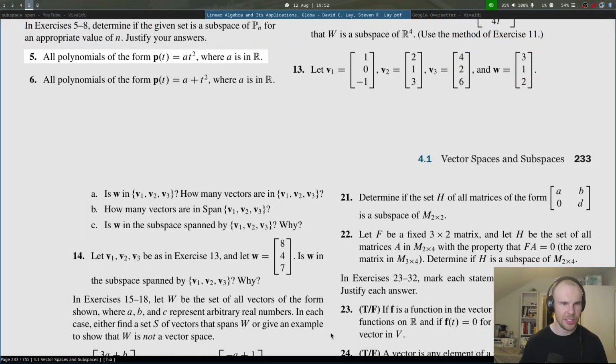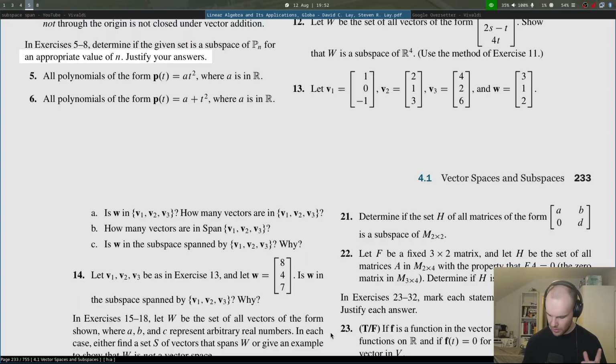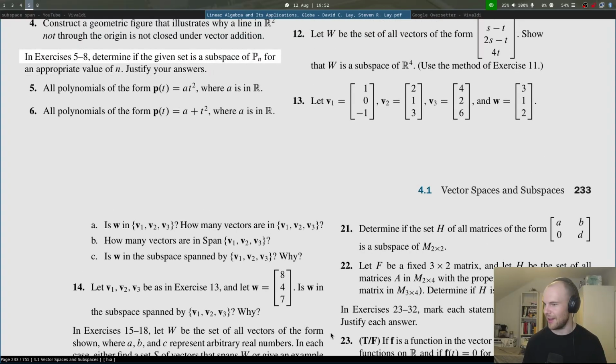Okay, task 5. All polynomials of the form p of t, and of course I have been messing around. Okay, chill. In exercises 5 to 8, determine if the given set is a subspace of P_n, so all the polynomials, for an appropriate value of n.